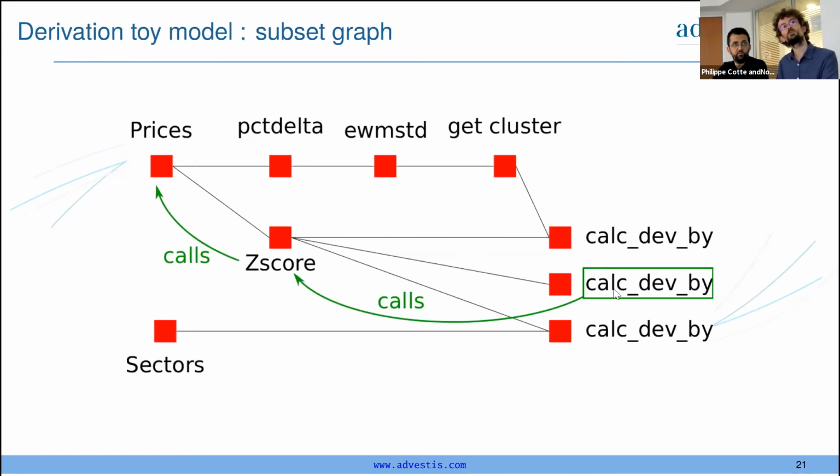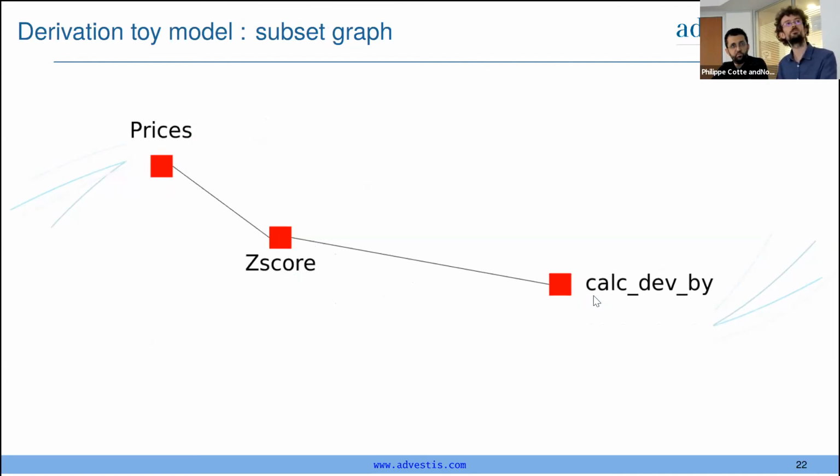So, for example, if I want here to calculate only the second clusterization, I call only this one, which itself will call z-score, which itself will call prices, which will read itself, then z-score will compute itself, then calc-def-by will compute itself, and we end up with this graph. Meaning we saved a lot of computation time because we didn't load sectors and we didn't compute PCT delta, for instance.